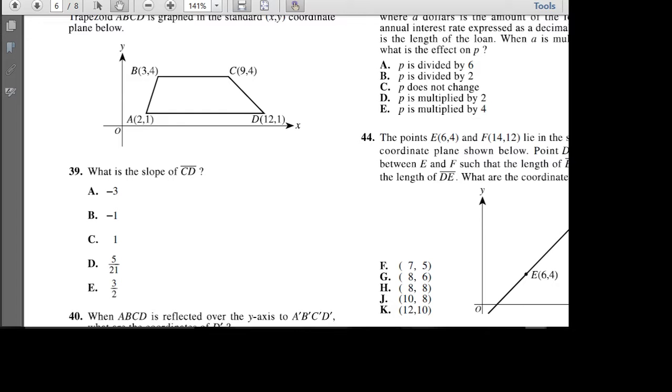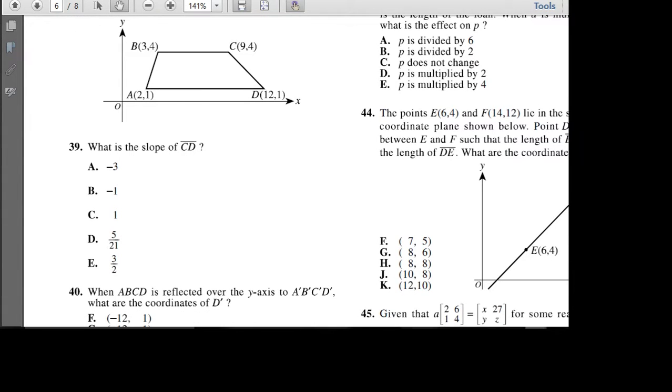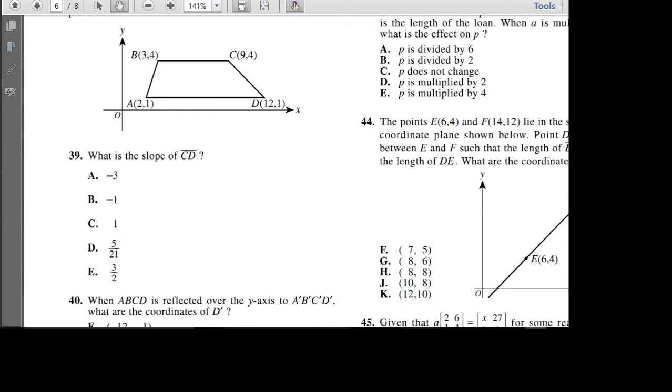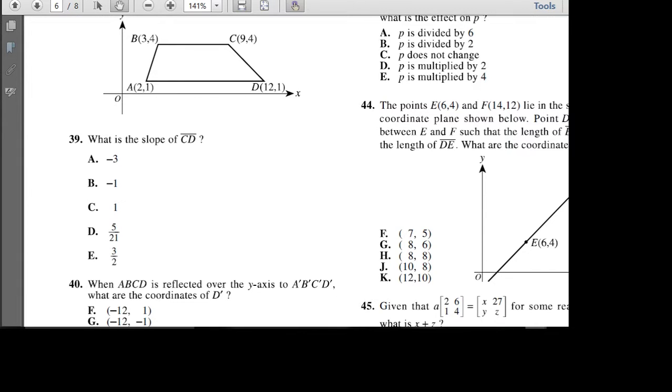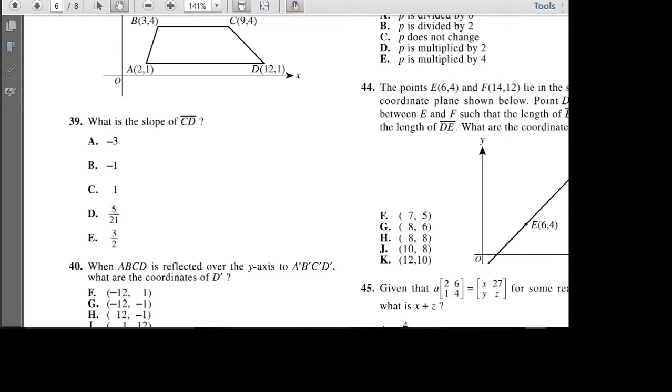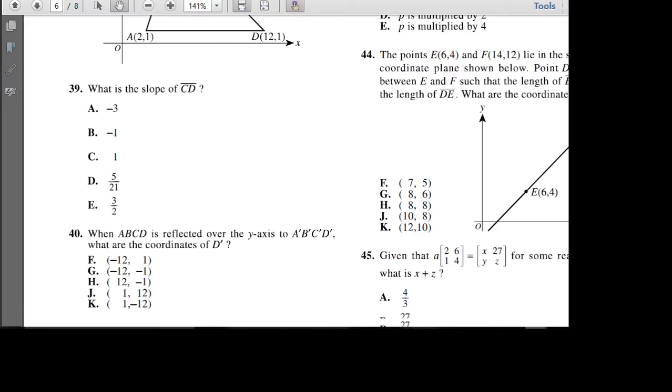Oh, so it'd be B. Yep. Oh, I put y1 minus y2 instead of y2 minus y1.